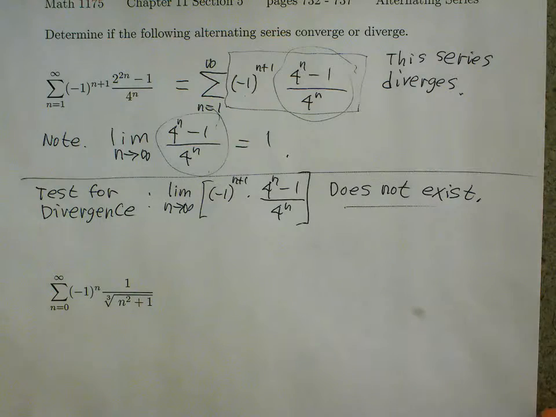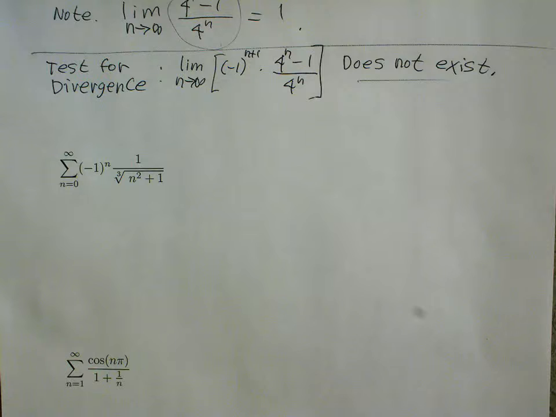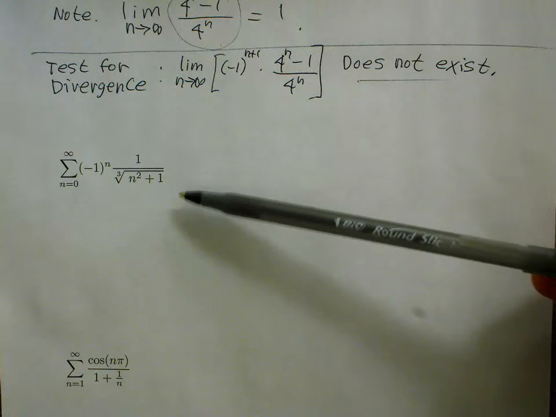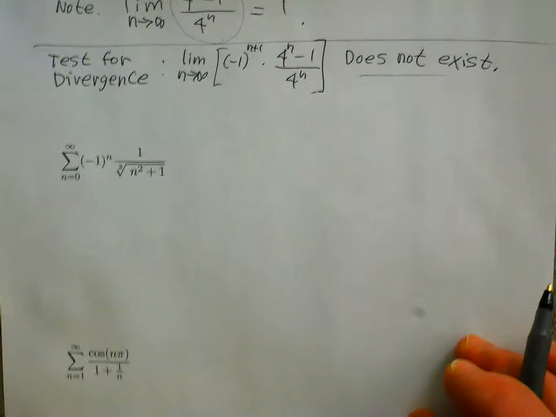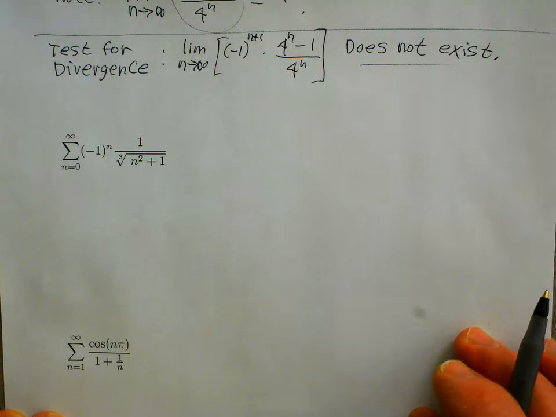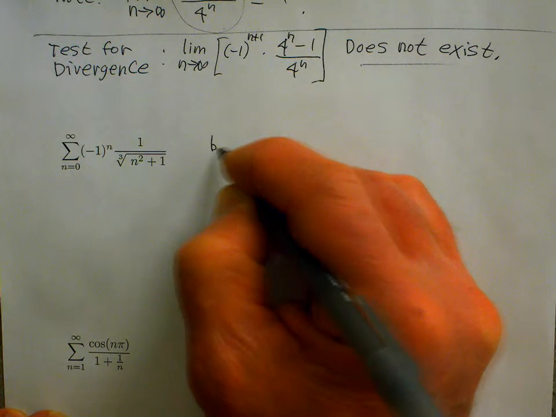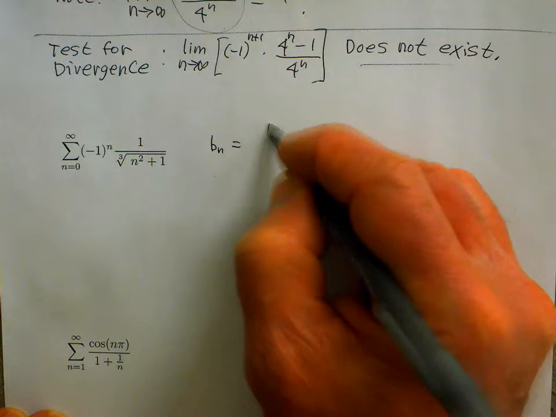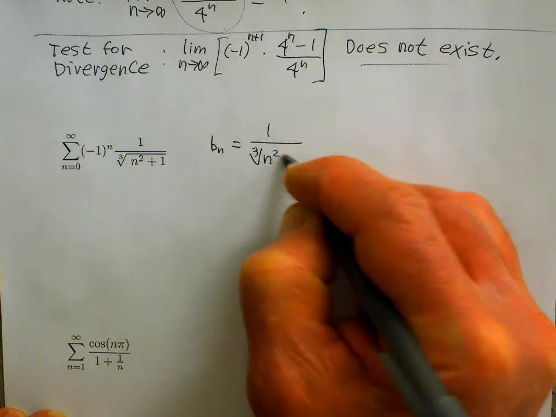Okay, the next example, the infinite series, the terms are -1 to the n times 1 divided by the cubed root of n squared plus 1. So the terms b sub n without the -1 to the n are just 1 over the cubed root of n squared plus 1.